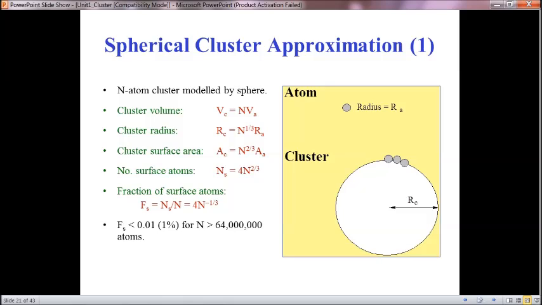The fraction of surface atoms is given as F_s equal to N_s by n, which is equal to 4 into n power minus 1 by 3. The fraction of surface atoms should be less than 0.01, that is 1%, for n greater than 64 crore atoms. So see the difference between the numbers.